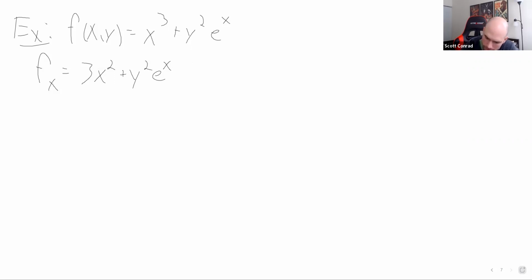And then if we take the partial of that with respect to x, so we treat y as a constant, differentiate again with respect to x. So 3x squared becomes 6x, and y squared e to the x becomes y squared e to the x.